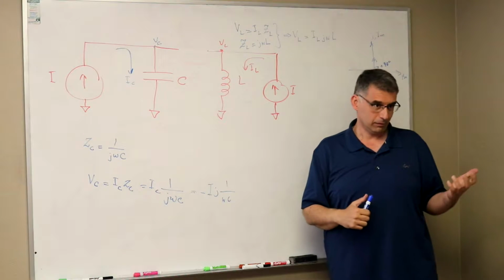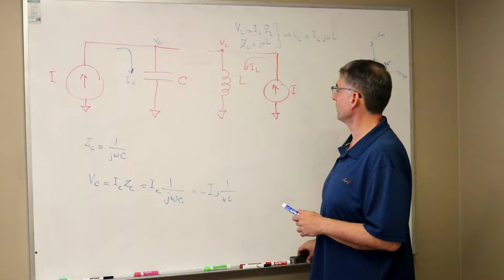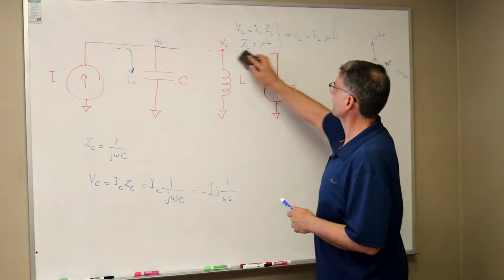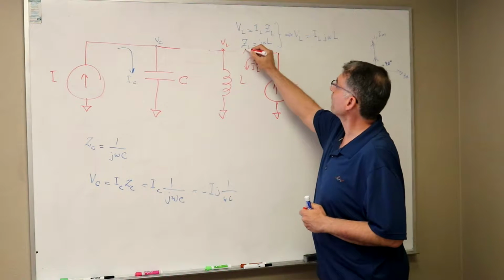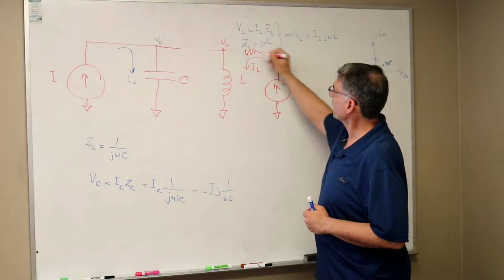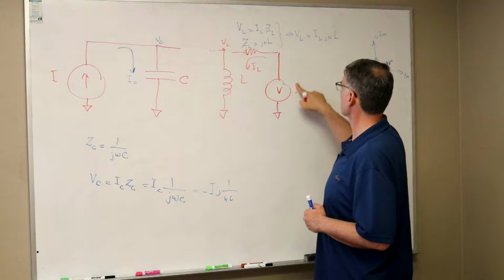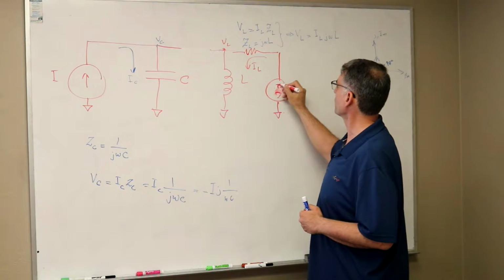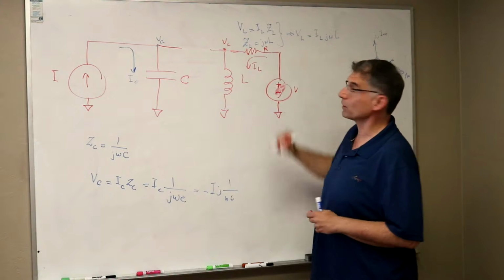One way was to put in, okay, I'll draw it here, a very large resistor. So this is a voltage source now, and I can put in a very large resistor.